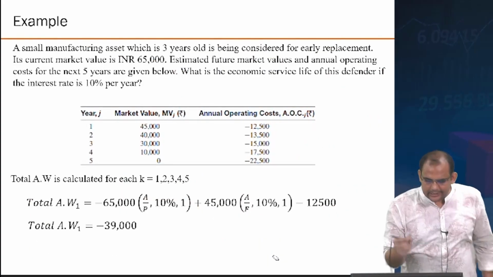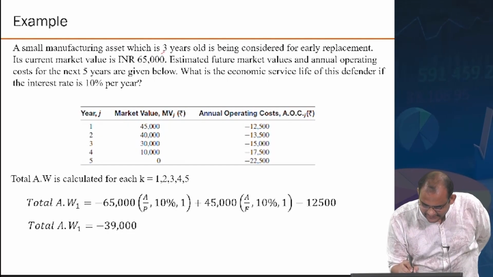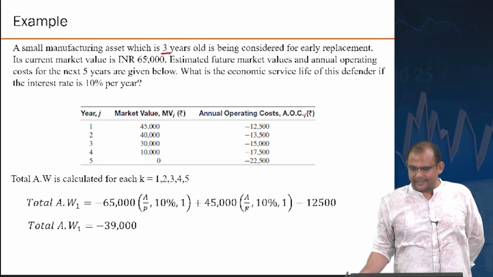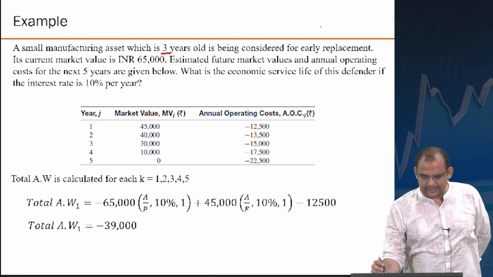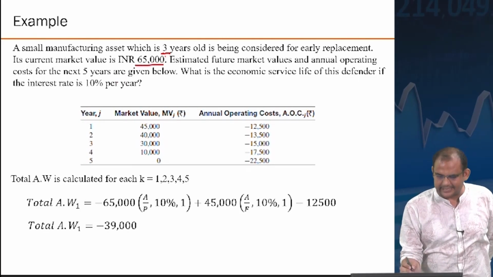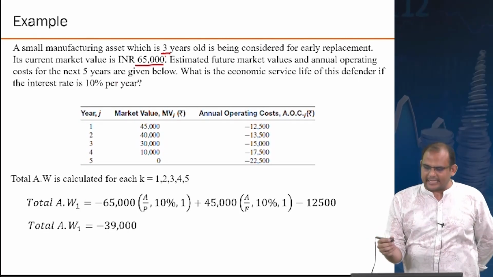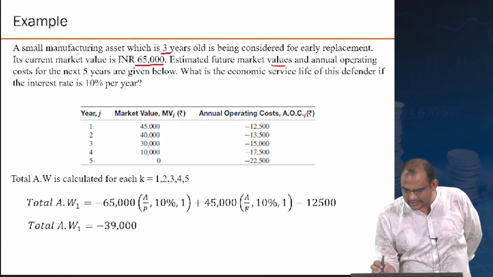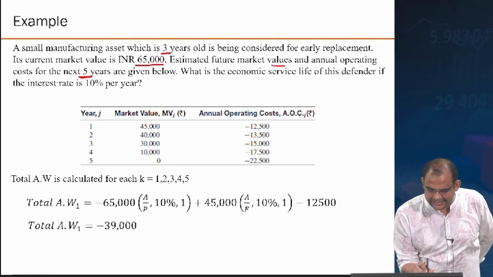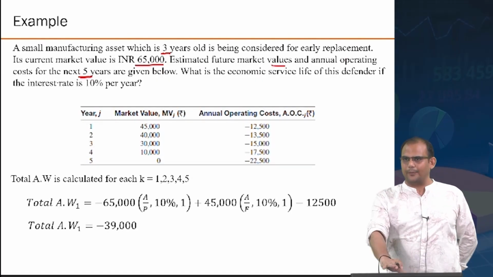Okay. So, a small manufacturing asset which is 3 years old is being considered for an early replacement. Its current market value is 65,000 rupees. Estimated future market values and annual operating cost for the next 5 years are given below.